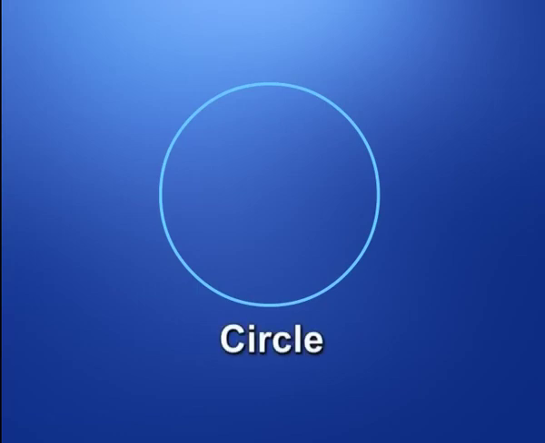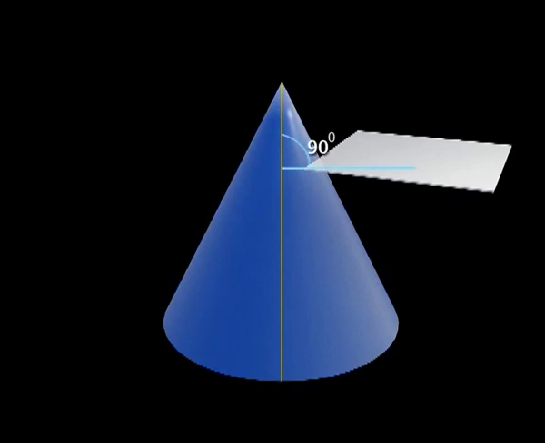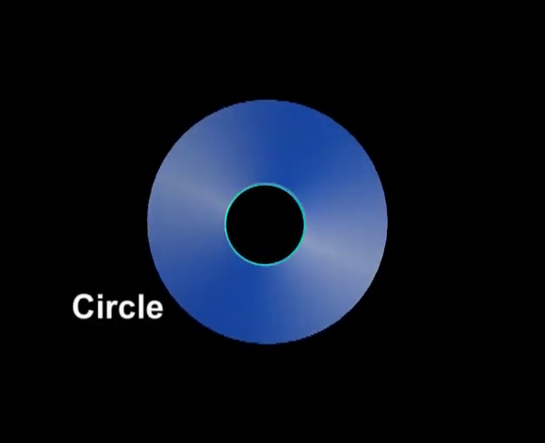What about a circle? It is interesting to know that a circle is really a special kind of ellipse. If the plane is actually perpendicular to the axis, that is, it is horizontal, then we get a circle. As described by Apollonius, the circle can be considered as a fourth type of conics, or as a kind of ellipse.